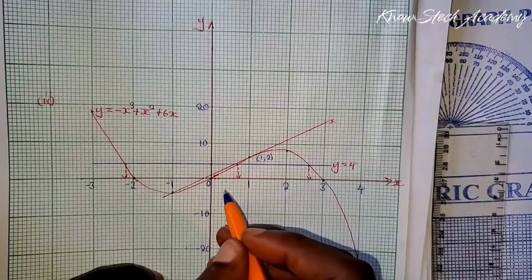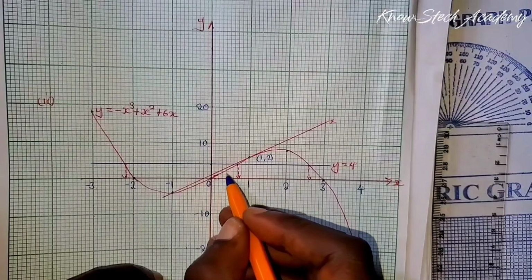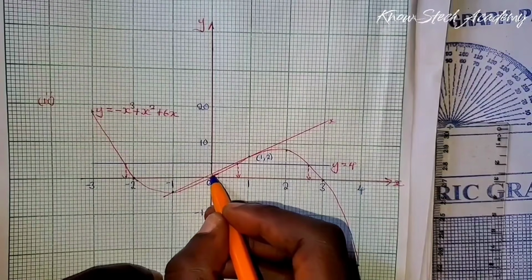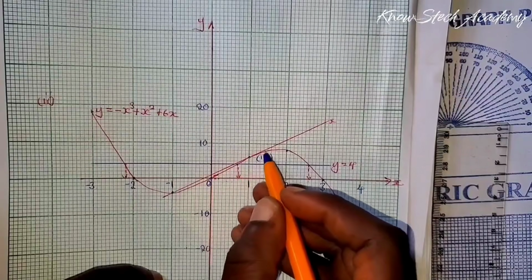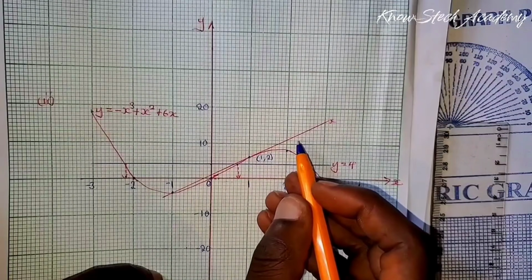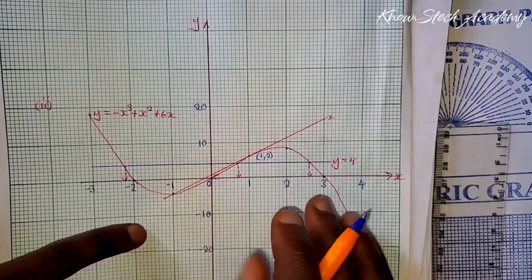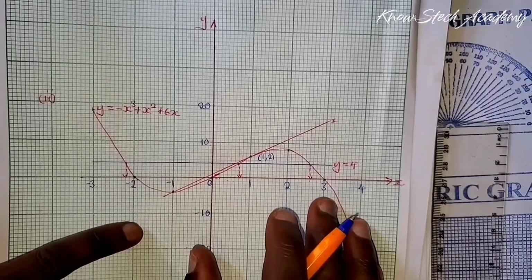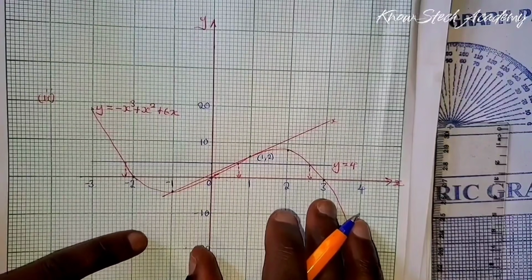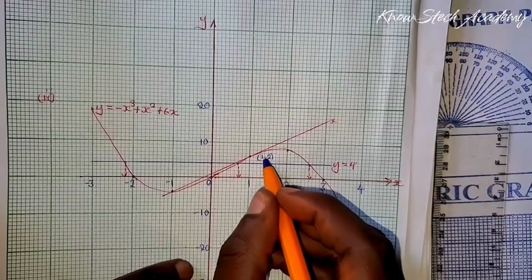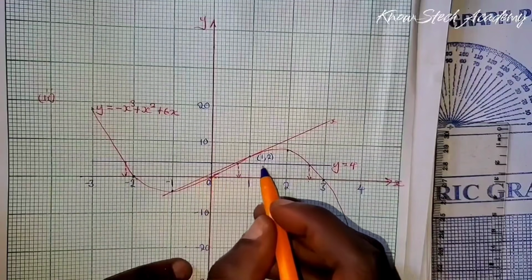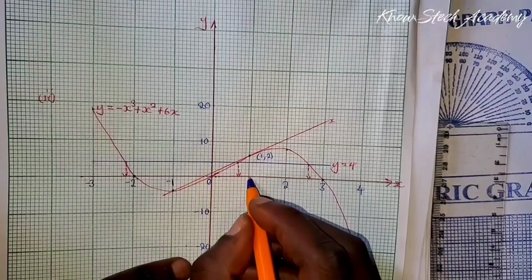So where can I get here? Any point you can get. Okay, let me get this one. This is 0, 1. Sorry, this is not 1, 2. I thought this is the x-axis. So it's from here.